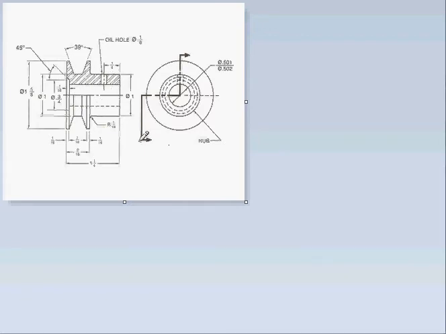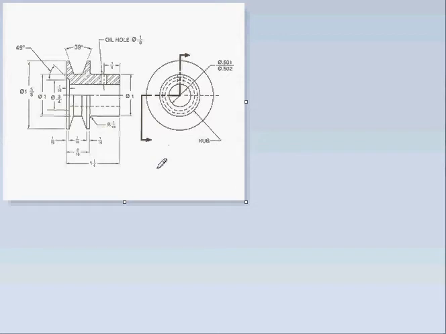This cutting plane line is showing where we would actually cut through the part so we could look into the inside of it. So a cutting plane line is going to have a long, a dash dash, long, and then a dash dash. And then it'll have two arrowheads on the end of it pointing in the direction that we would be looking into the section view.